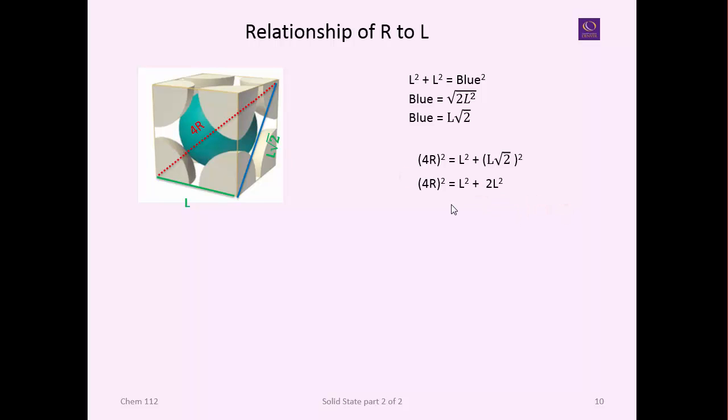Start simplifying down. 2L squared plus L squared, that's 3L squared, equals 4R squared. If you square this side, you get 16R squared. Now we're going to solve for R by dividing by 16 and taking the square root of both sides of the equation. Now I simplify terms. I get that the radius is equal to L times the square root of 3 divided by 4.